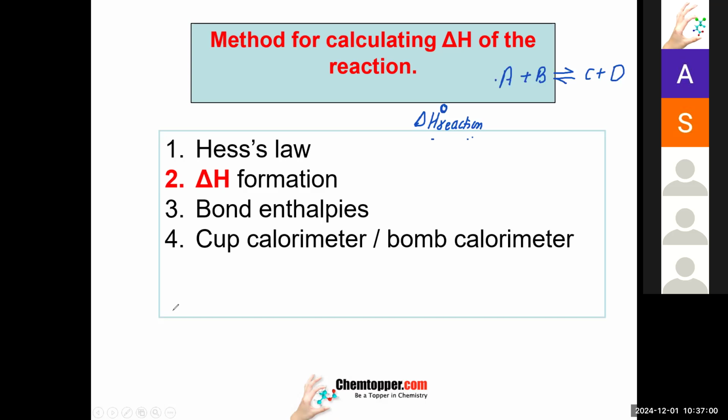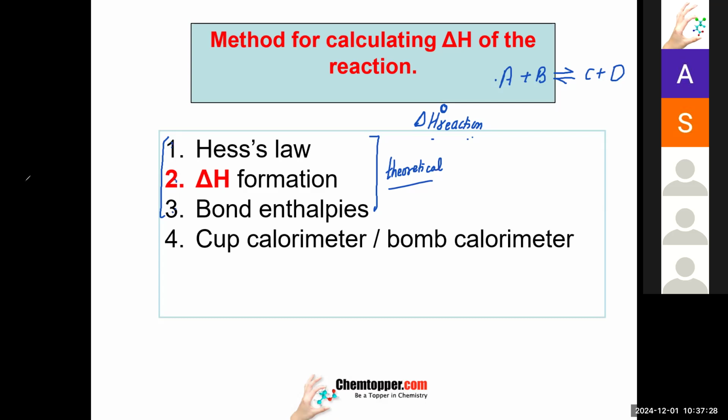There are four methods here. The first three are theoretical methods. Theoretical means data will be given to you. They will give you information, data, values. You use those values with simple addition and subtraction, and you have the answer.